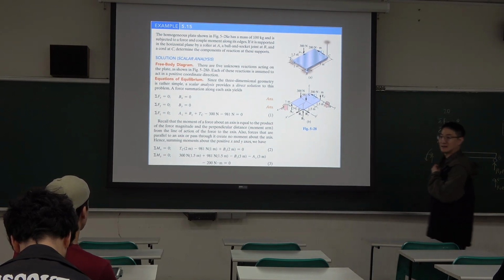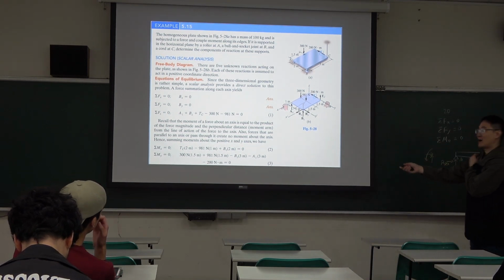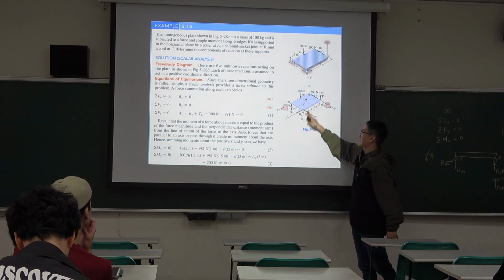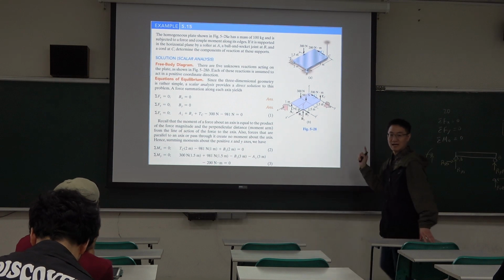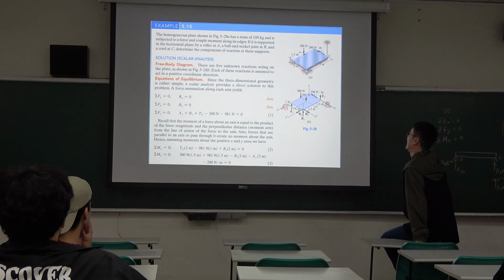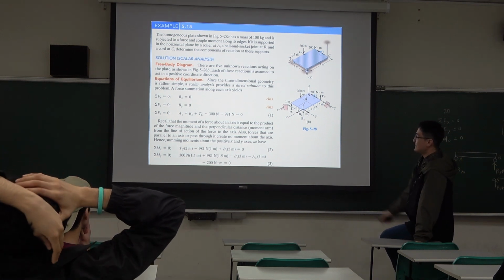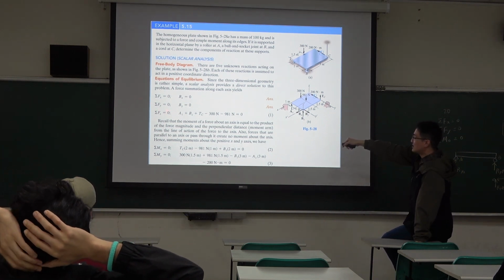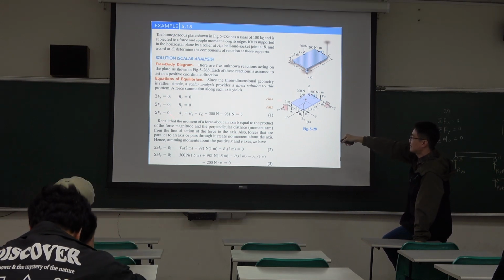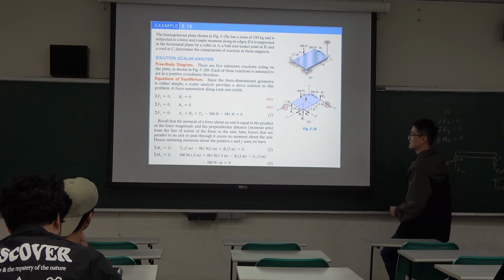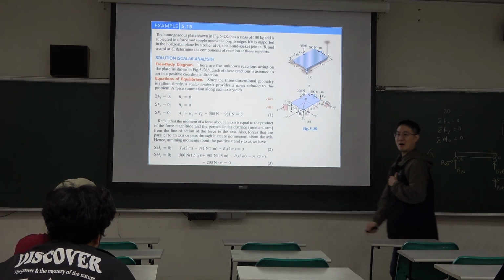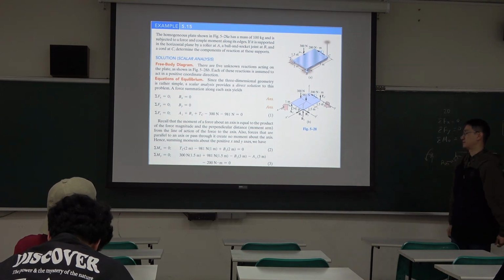Okay? Clear? From our observation, we know no other force can balance Bx and By, so they must be 0. And that means for the Z direction, the summation of all of them should be equal to 0. But Az, Bz, and Tc, all of them are unknown.